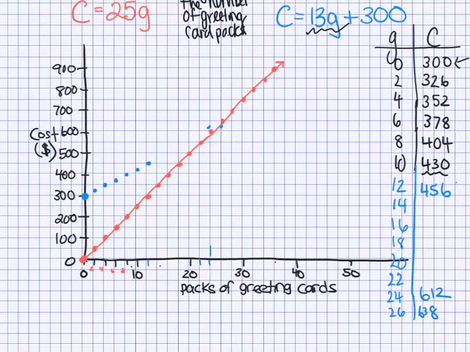So you can see that the point of intersection, this is a really rough graph, is going to be somewhere in between 24 and 26 because of where I'm plotting it on my graph. I'm gonna erase that. Okay, it's a rough sketch here.